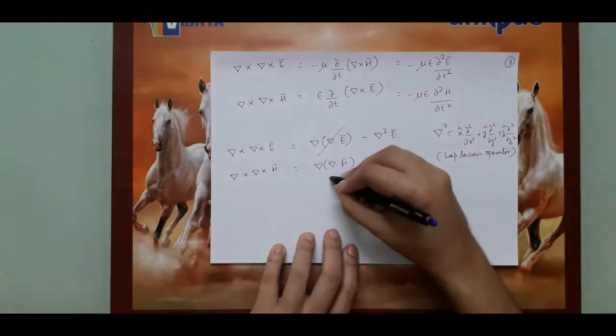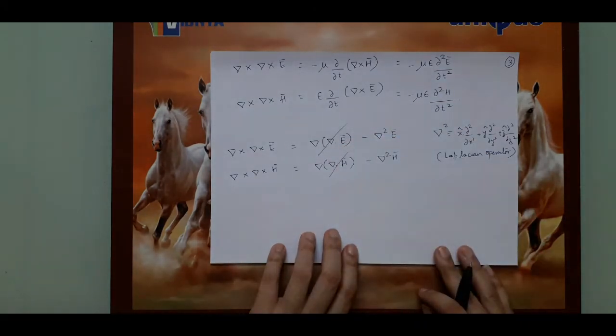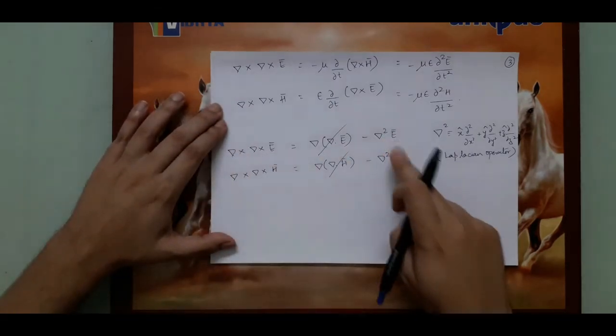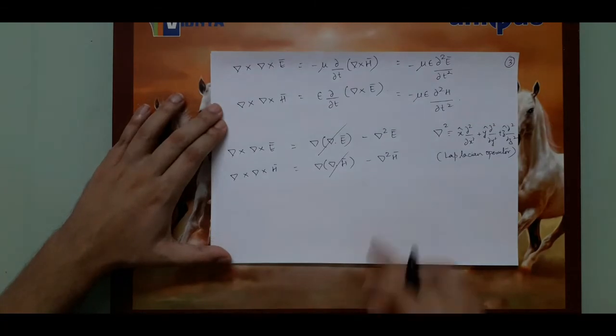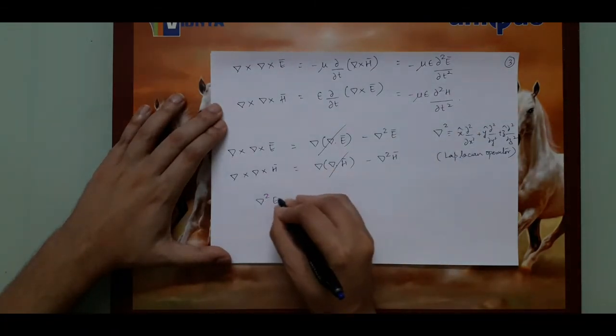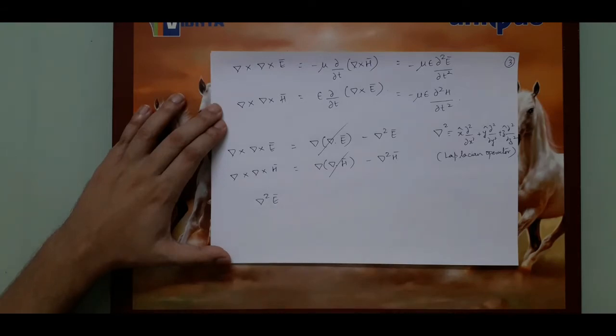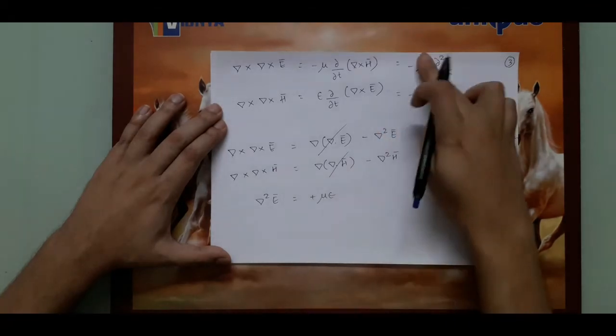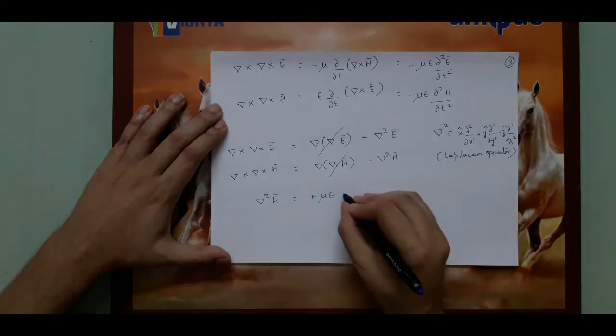So therefore this and this would vanish. So what we see is that the left hand side would essentially reduce to this. So now I can rewrite and say that the second order space differential of E is nothing but, the minus and minus will get cancelled out.